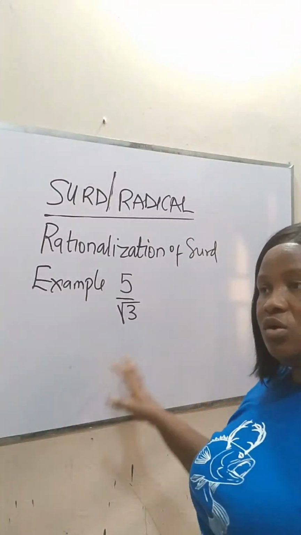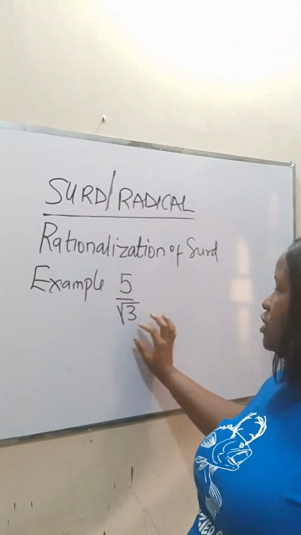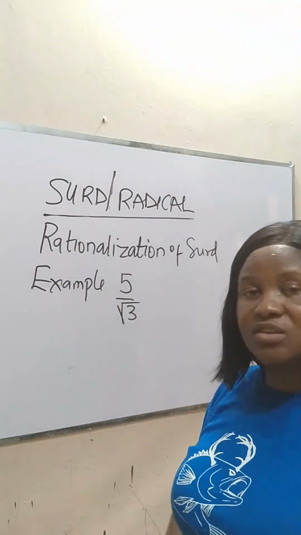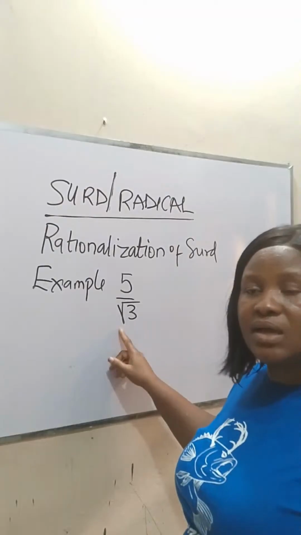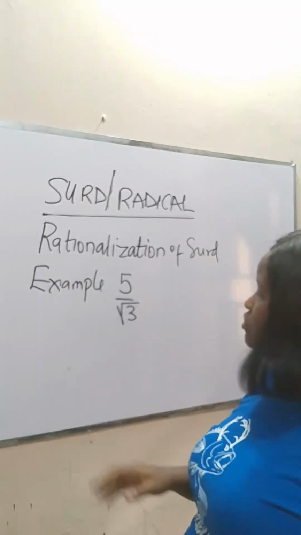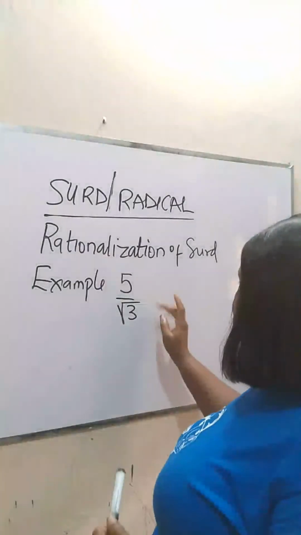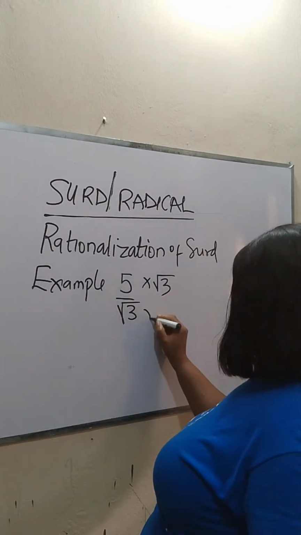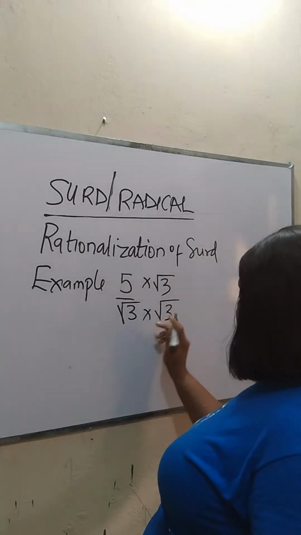You can't leave it like this because of this root 3 at the denominator. In surd, it is wrong. If you leave your answer like this, it means you've not gotten the final answer. So what are we going to do? We are going to multiply up and down by root 3, just to take this surd out.